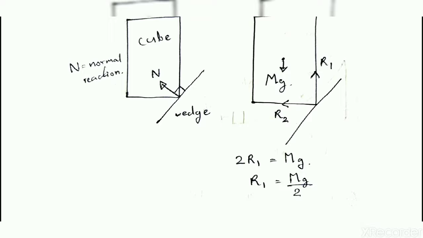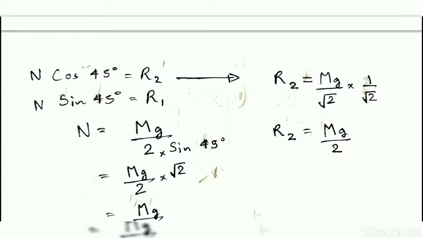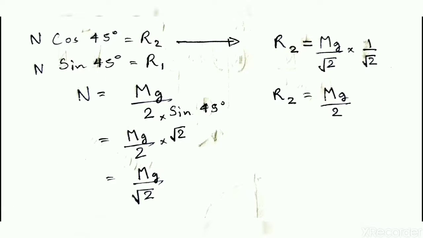That is the division of this N force into its components. So we can take R2 as N cos 45 and R1 as N sin 45.